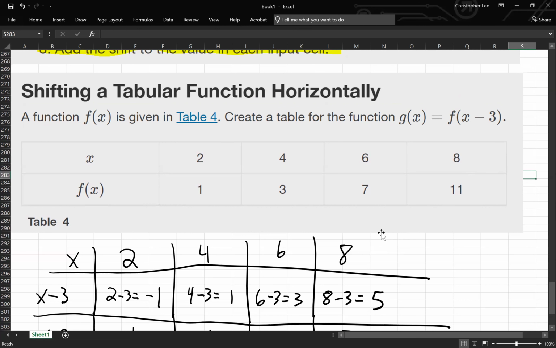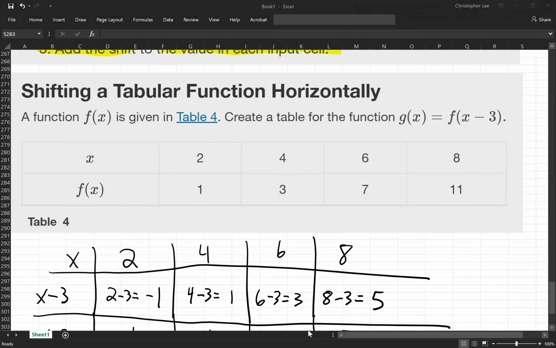If the minus 3 in this case is inside the parentheses, you're changing the input, the x values. If it was outside, say f of x, minus 3, now that's the vertical shift. That's changing the y value.